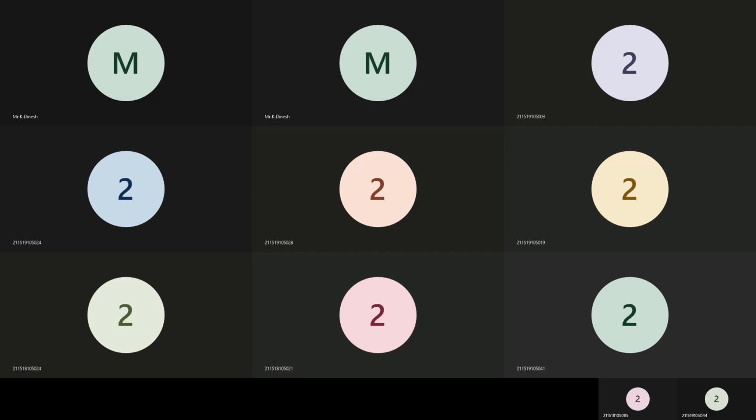So what is the relation we have? Per unit new equals per unit old into MVAB new by MVAB old into kVb old by kVb new, whole square. If you solve, the answer should be option C, that is 0.305.